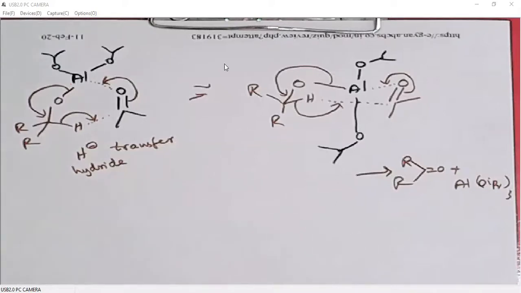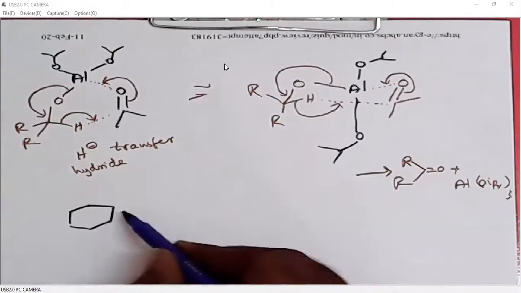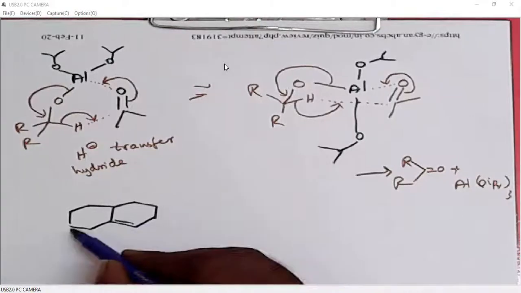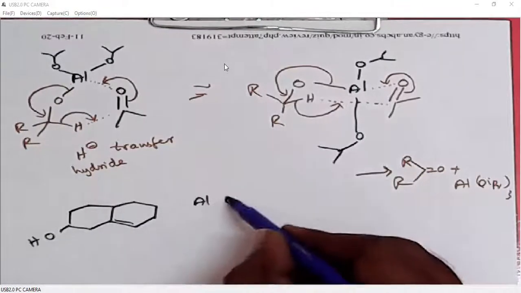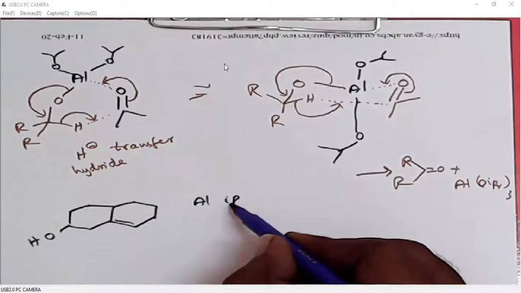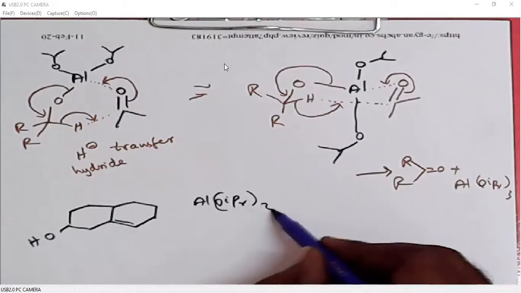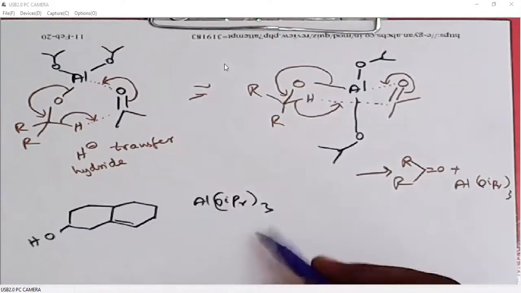Right, I'll give 2 examples for this. Aluminum triisopropoxide, so this is the isopropyl group with oxygen.